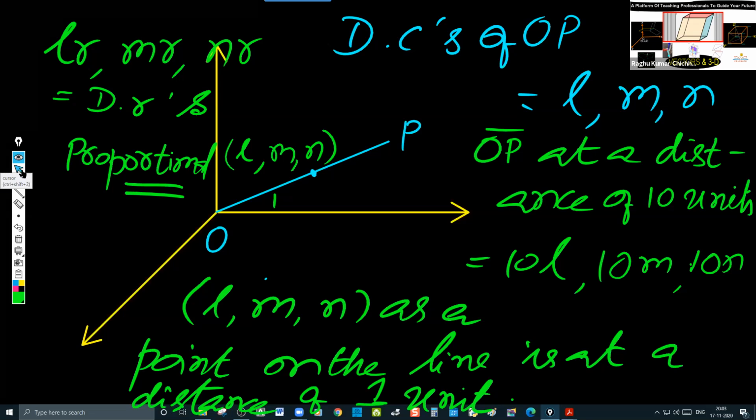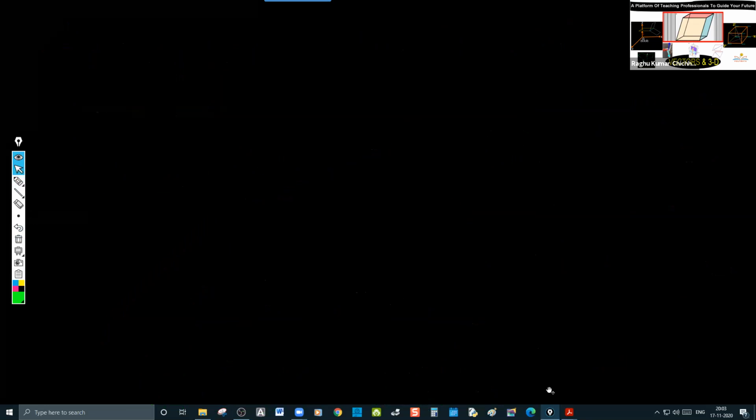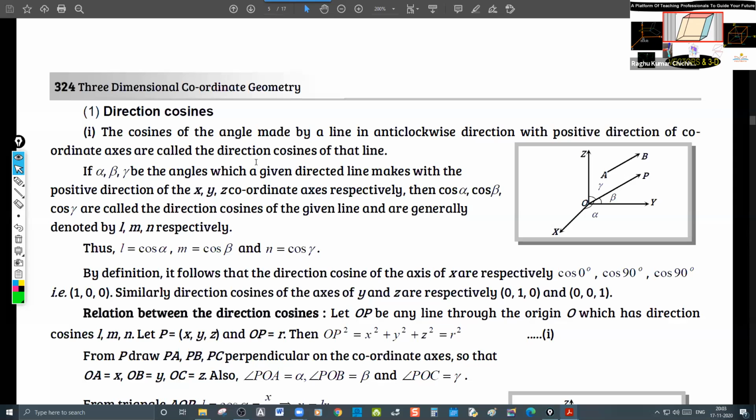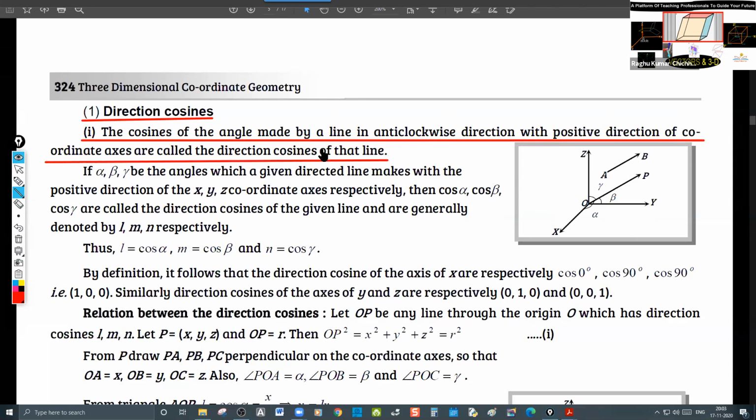Now, let us continue this. Let us see this in the script form so that you will remember well. This is direction cosines, please. The cosines of the angles made by a line in anti-clockwise direction with the positive direction of the coordinate axes are called the direction cosines of that line.